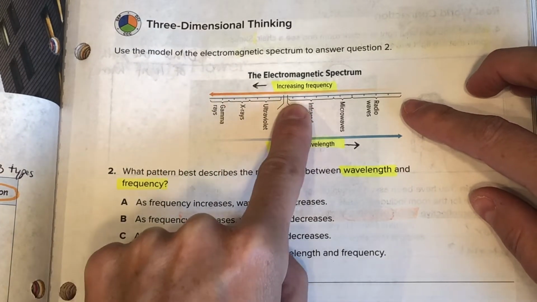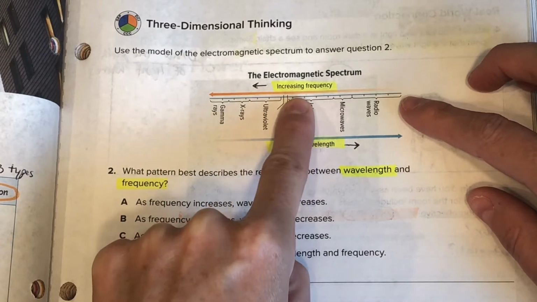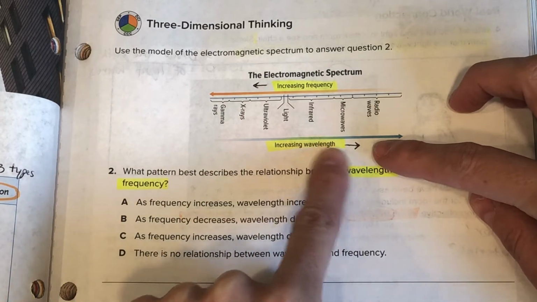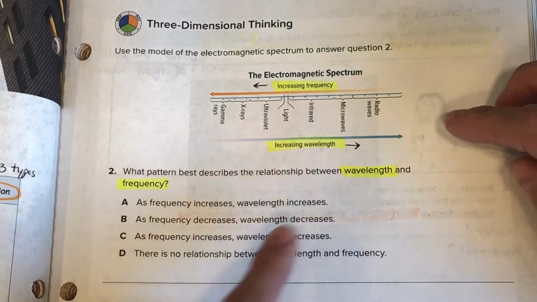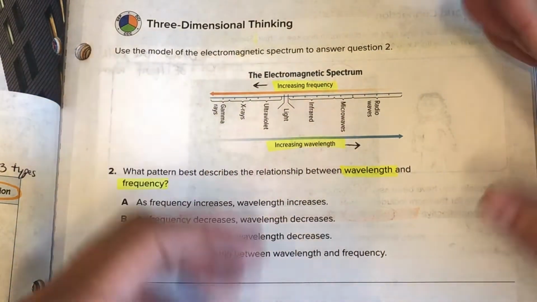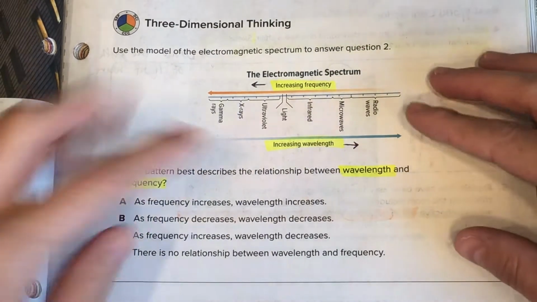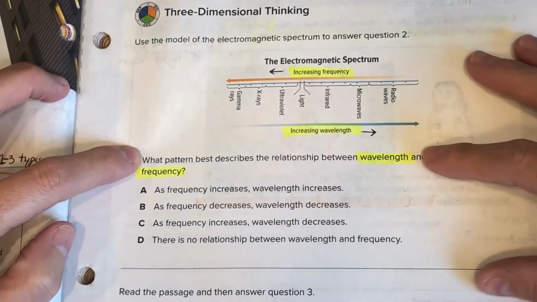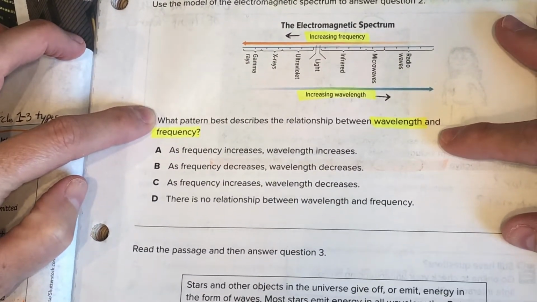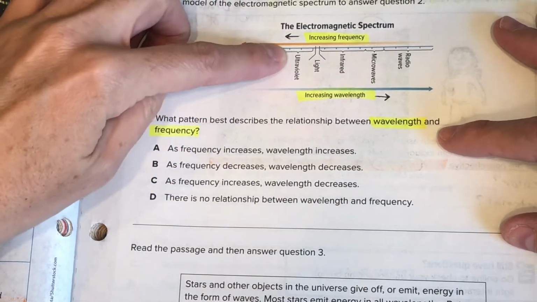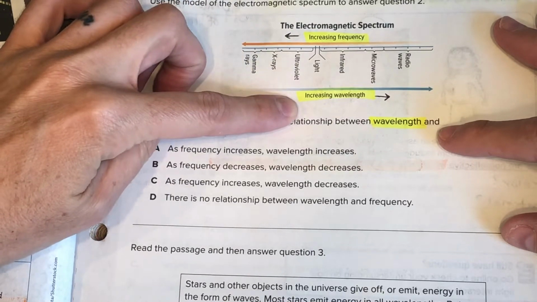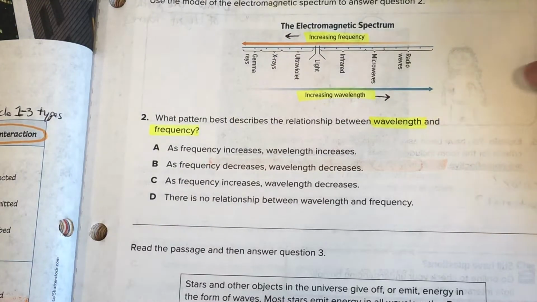But as we stated in the last unit, as frequency increases, the wavelength decreases. So the distance between is going to be opposite of frequency. So what pattern best describes the relationship between wavelength and frequency? So we've got frequency increasing this way and wavelength increasing that way.